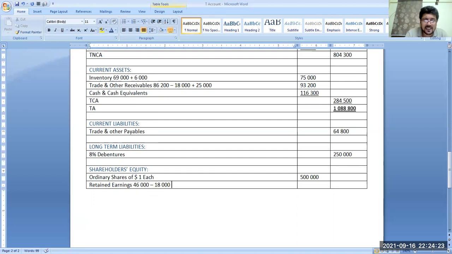Increase in closing inventory means decreasing your cost, increasing your profits. And an increase in prepaids means your profit is also increasing. So 46,000 minus 18,000 plus 6,000 plus 25,000. The answer is 59,000. Okay?